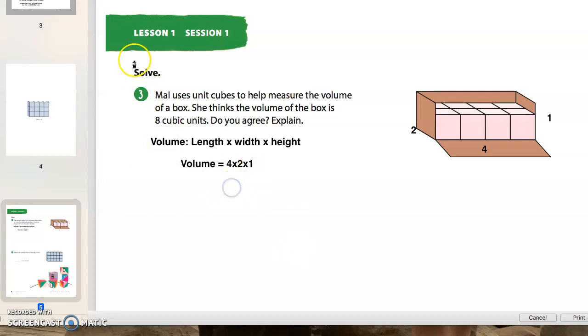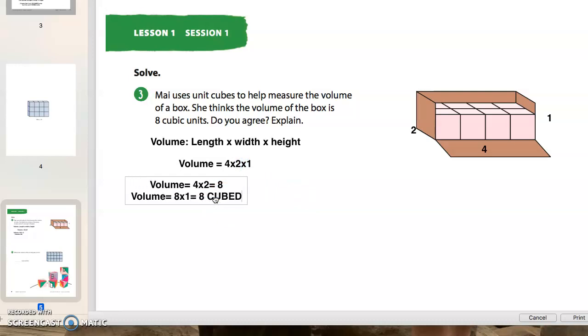Okay, then I rewrite and I do my GEL, which is, if you haven't learned from your teacher yet, you will, but it's basically I want to go left to right with my multiplication. So 4 times 2 is first, 4 times 2 is 8, then you take 8 and you do 8 times whatever is left. So if you see right here, what's left is 1. So we do 8 times 1 equals 8.